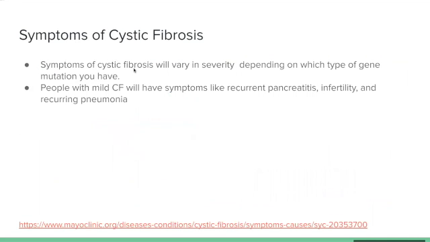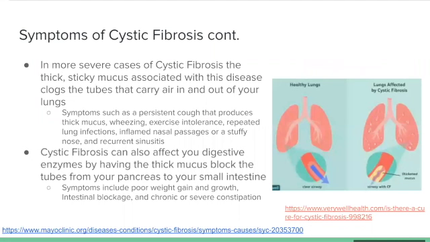So the symptoms of cystic fibrosis will vary depending on how severe your mutation is and which type of mutation you have of the CFTR gene. People with mild cystic fibrosis will have symptoms like recurrent pancreatitis, infertility, and recurring pneumonia, while patients with the Delta F508 mutation or other severe mutations of the cystic fibrosis disease will have a thick, sticky mucus associated with their disease, which clogs the tubes that carry air in and out of your lungs.